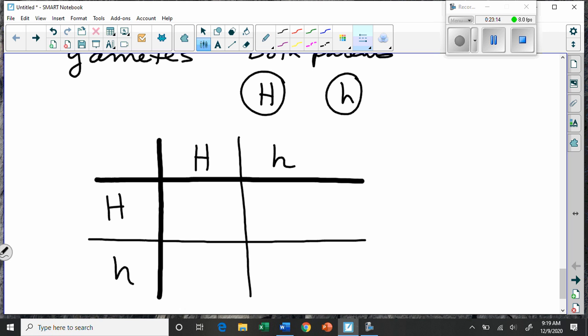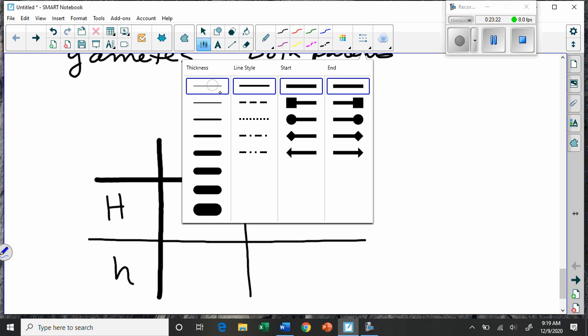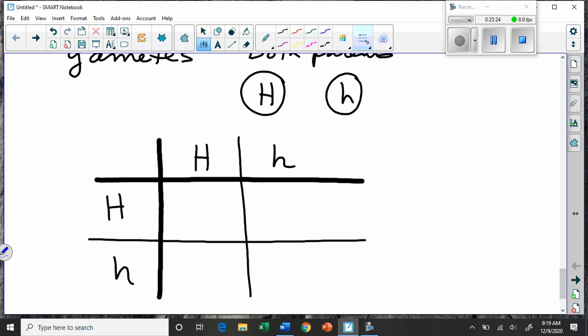So now we can see we're going to have 4 possible outcomes, right? And we cross them. So when we cross them, we get, in the first square, a big H crossed with a big H. So the sperm and the egg are getting together, and one carried the dominant allele, the other carried the dominant allele, and there's the fertilized condition.